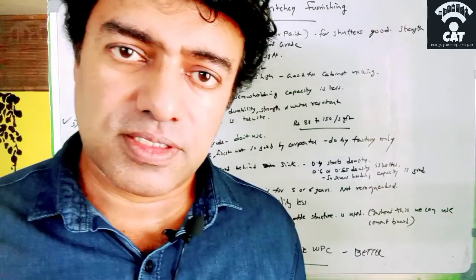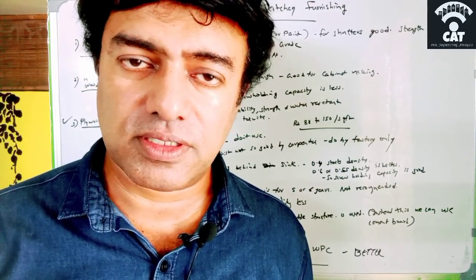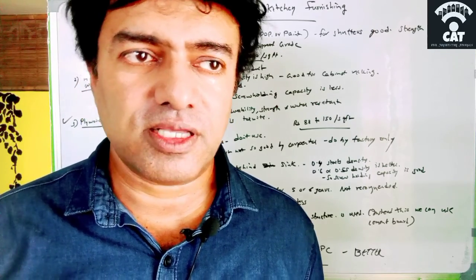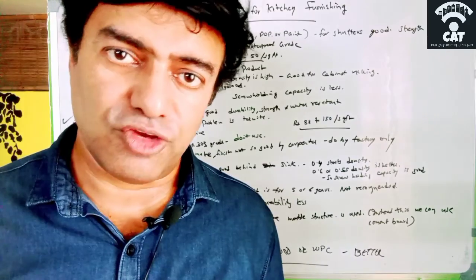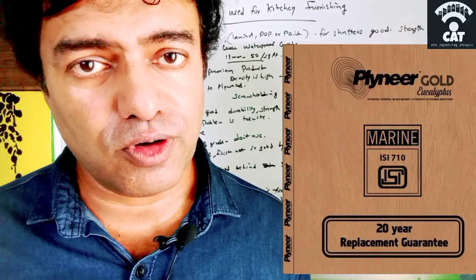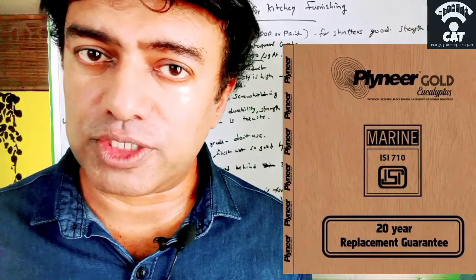The third one, which is the best product for kitchen cabinets, is called plywood. Plywood is a bit more expensive than HDF and MDF, and always go for the IS 710 marine plywood. There are two types of plywood available.